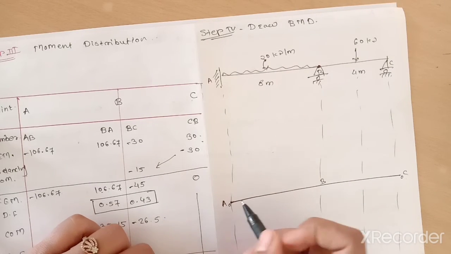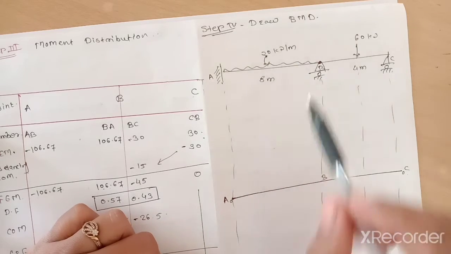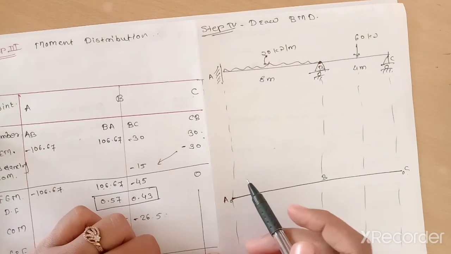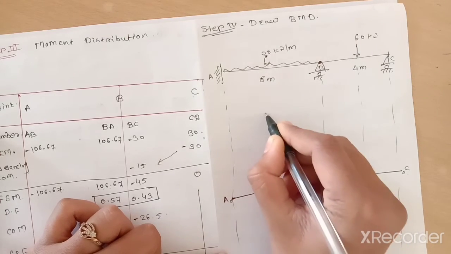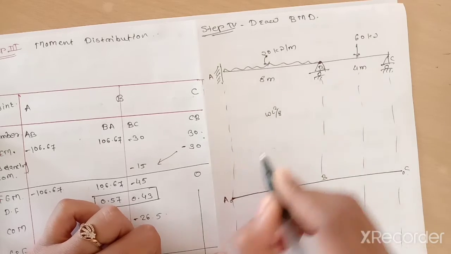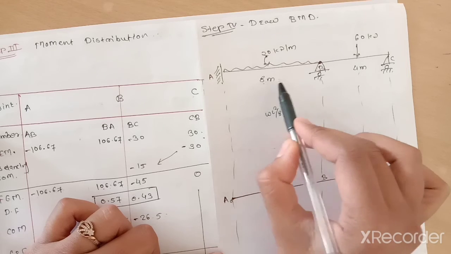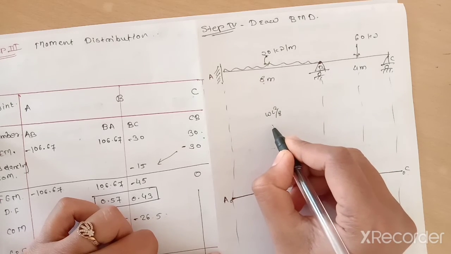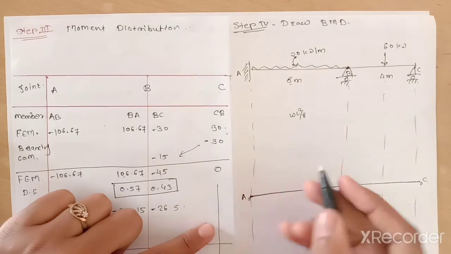Then next, first we need the formula for finding bending moment. So here over this AB member 20 kilonewton per meter UDL is acting. So formula is WL square divided by 8. So here W is 20 multiplied by 8 square divided by 8, which is nothing but 160.